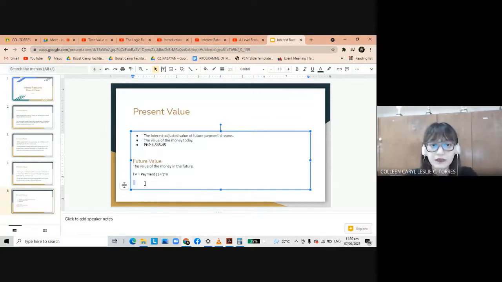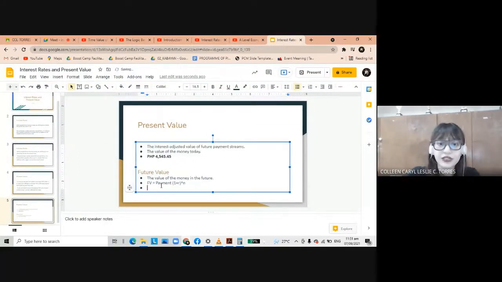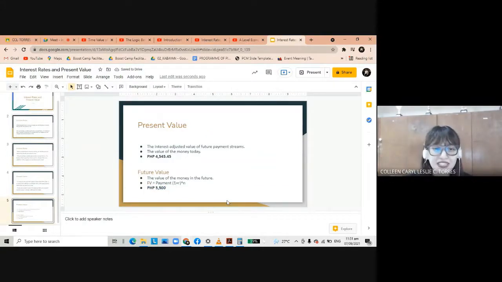We'll just put that into bullets. The answer for this would be 5,500 pesos. If we put in 5,000 pesos today in the bank, in a year's time, that 5,000 pesos will become 5,500.